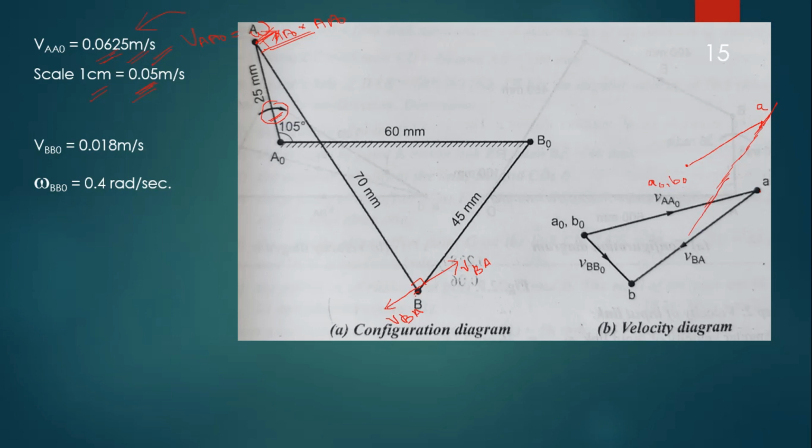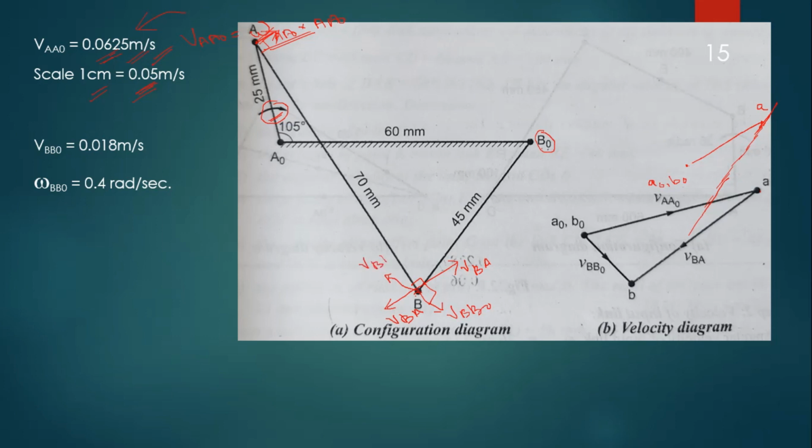Now draw the velocity of B naught B line. So now consider B naught B, and the velocity of B with respect to B naught, which is perpendicular to the link B naught. It may be in this direction or in this direction.